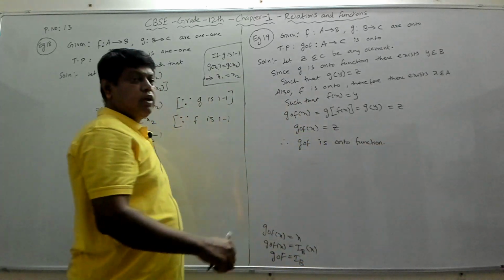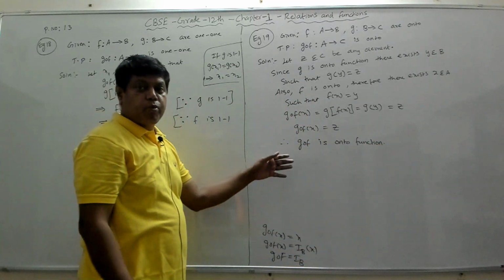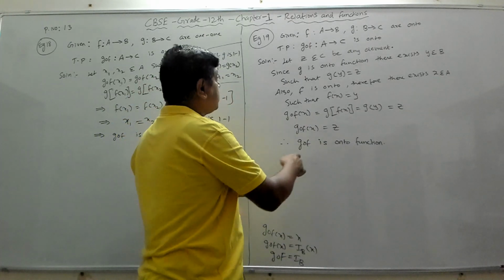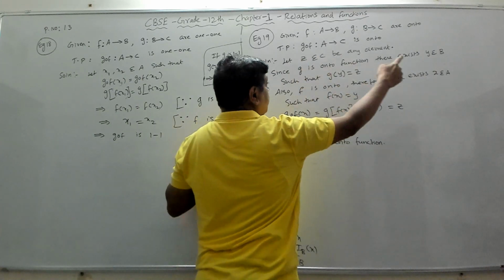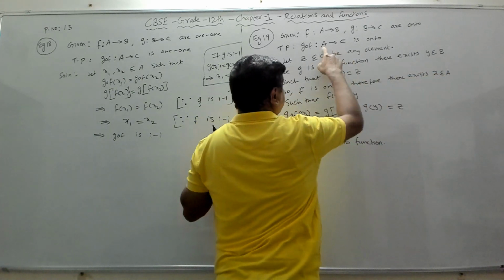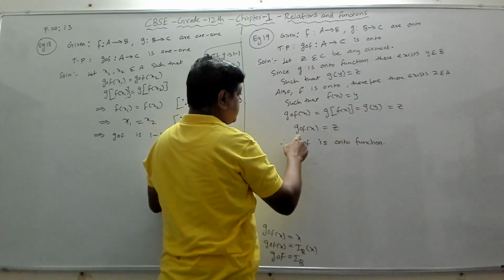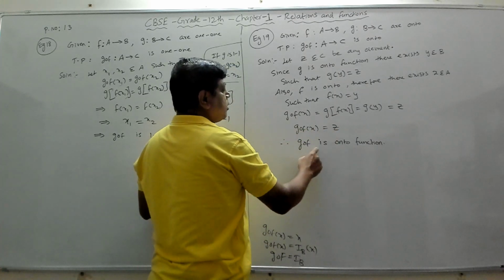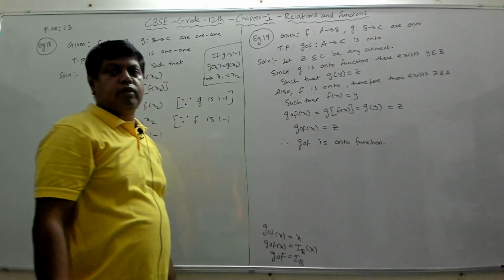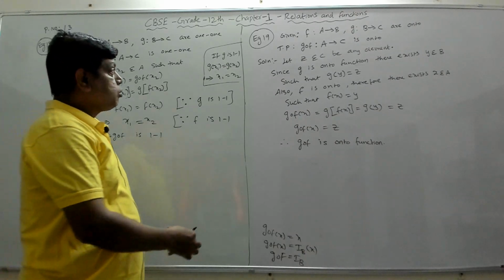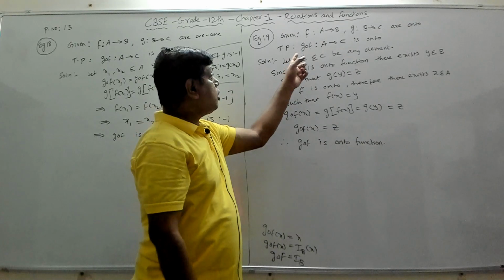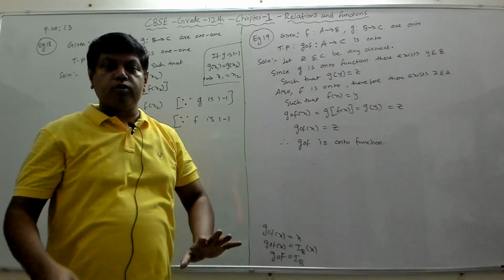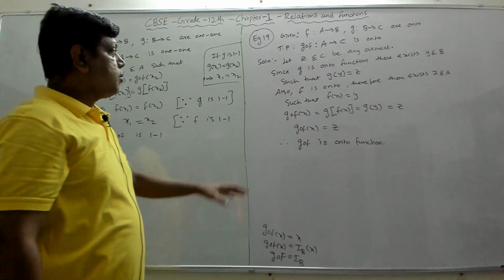So we have proved that g of f is onto, because for any element z that we take from here, we were able to find an x belonging to A such that g of f of x is equal to z. Right? So this is a proof for this. Whenever your f and g are onto functions, your g of f function is also an onto function.